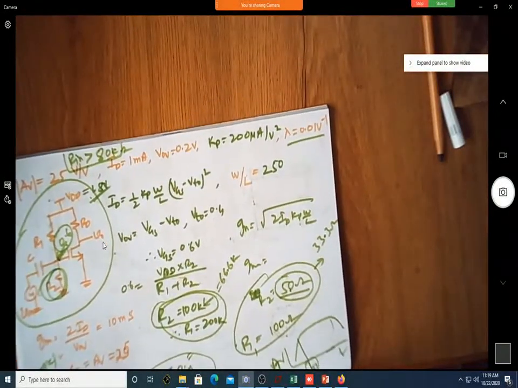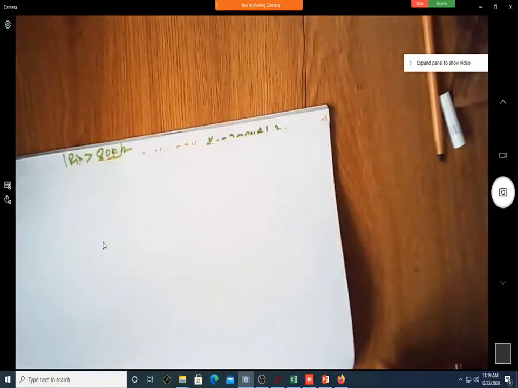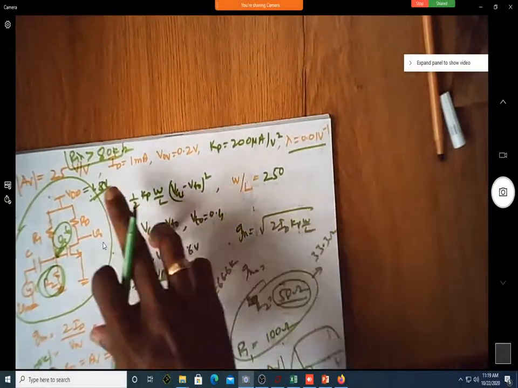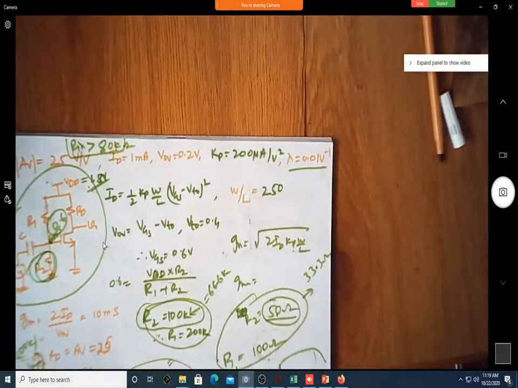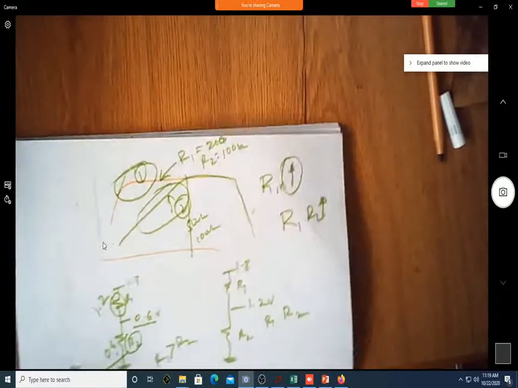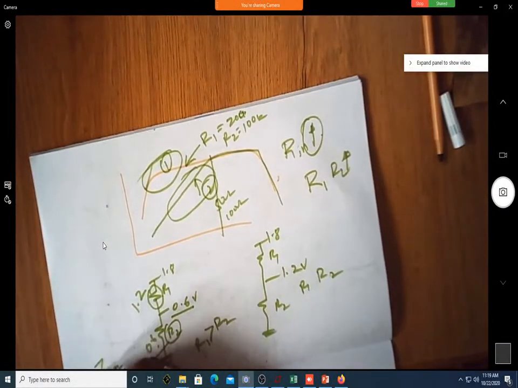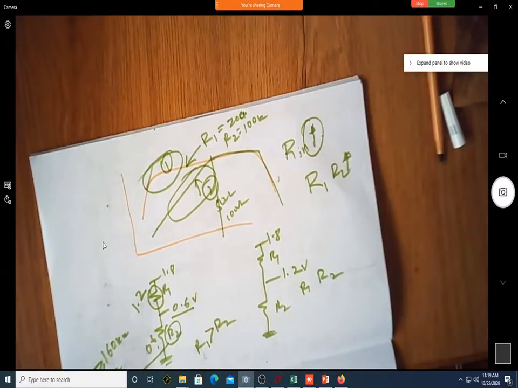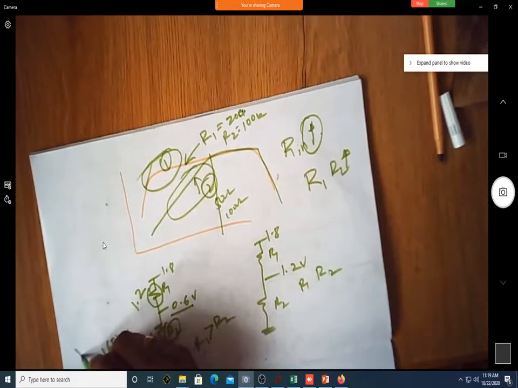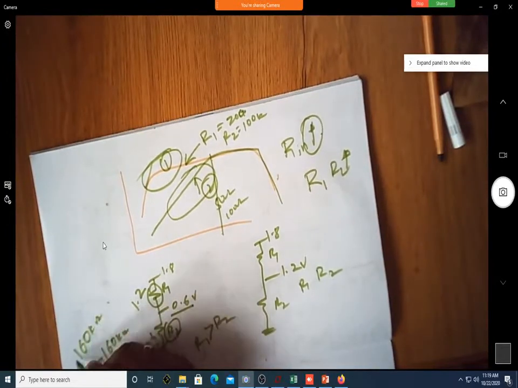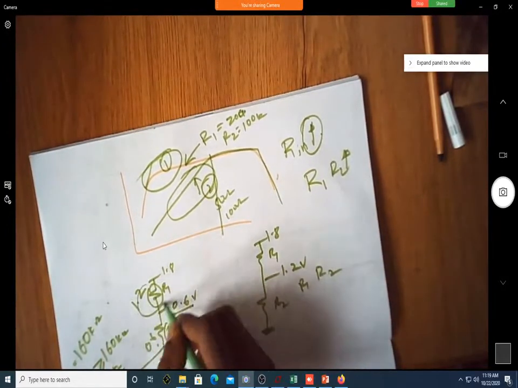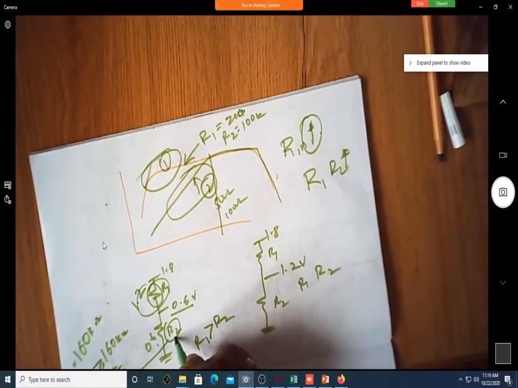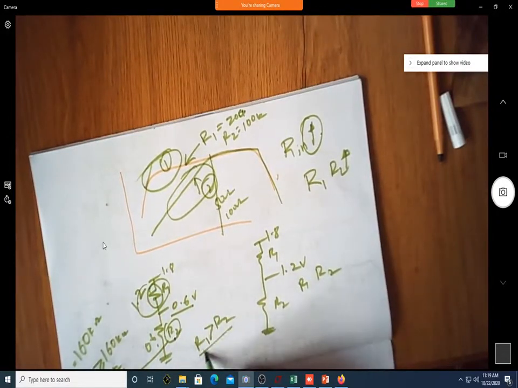What would have been your selection of R2 if the input impedance minimum required is 80 kilo ohms? You would have assumed this to be more than or equal to 160 kilo ohm, because you know that this will always be more than 160 kilo ohm because of this.